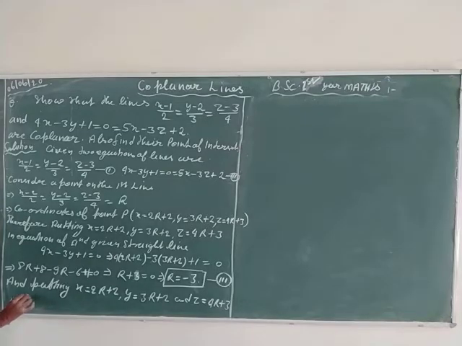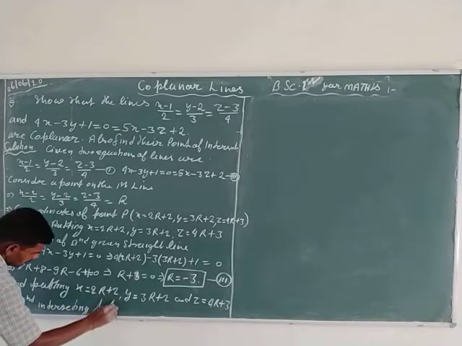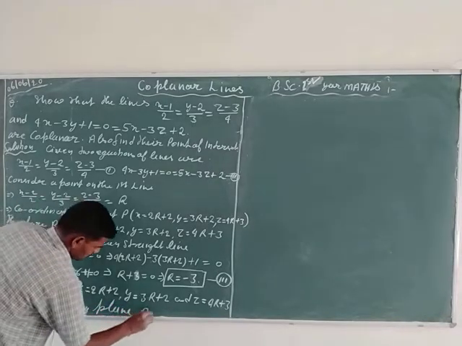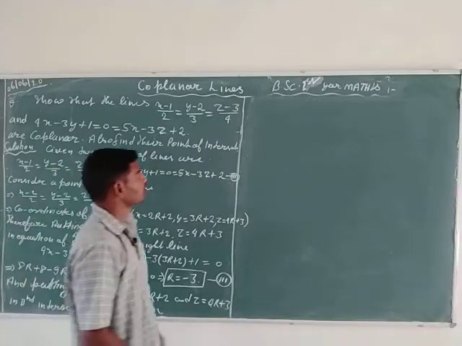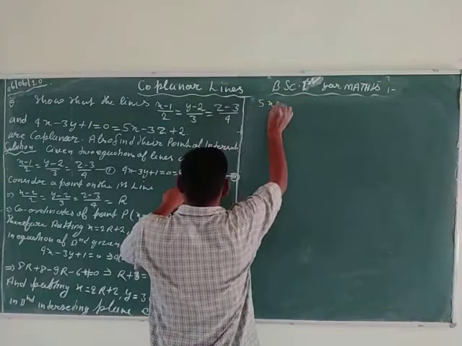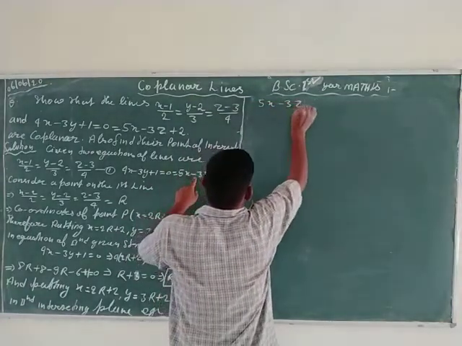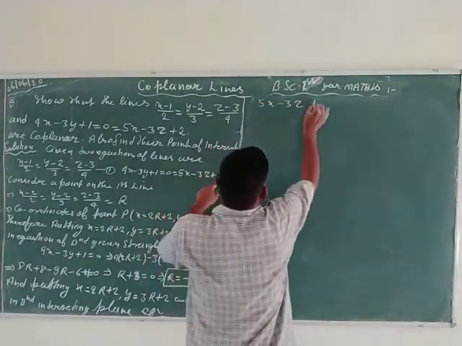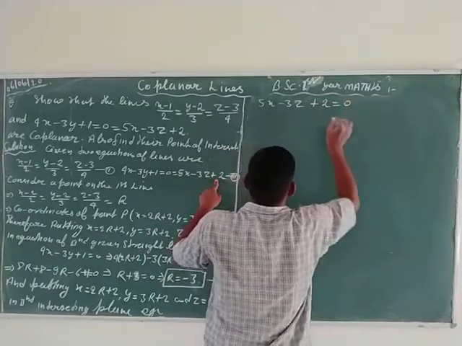Here, the second intersecting plane equation is 5x minus 3z plus 2 is equal to 0.